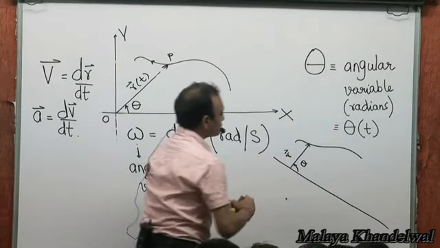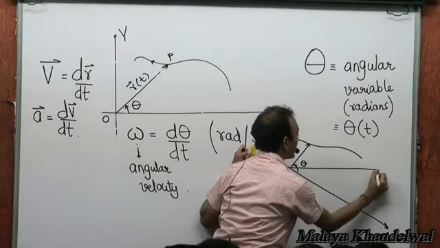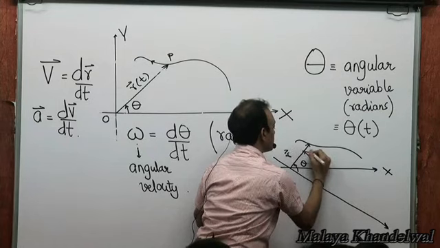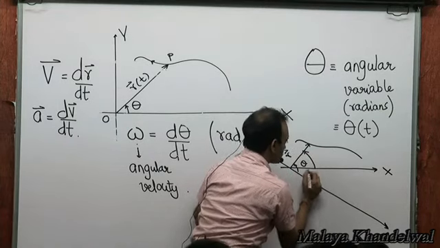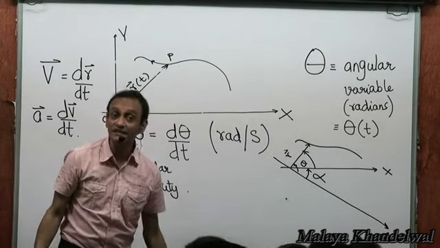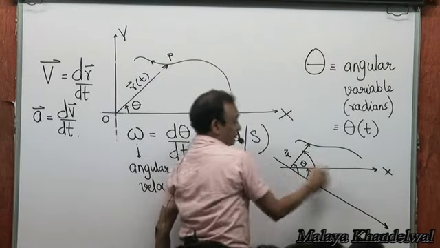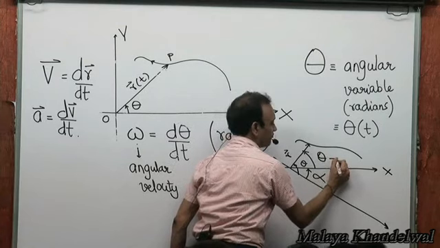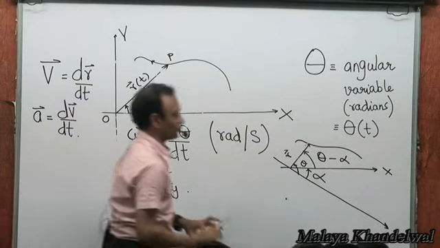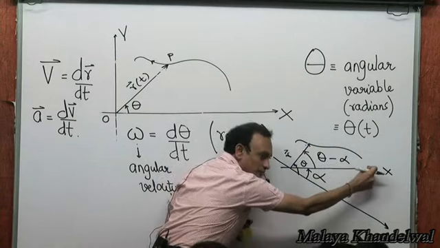Because suppose this is just any line, L, and this was the x-axis, right? And say the angle between the x-axis and the line is alpha. Then do you realize that the angle that r makes with the x-axis is going to be theta minus alpha? So this is the disposition of r with respect to the x-axis.